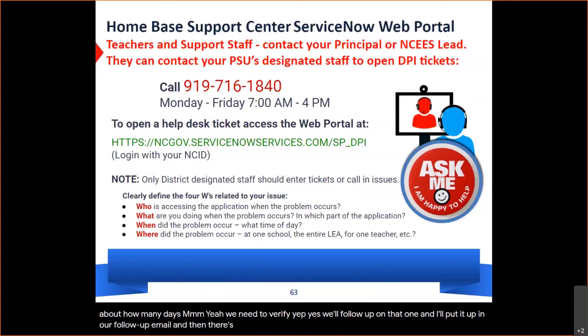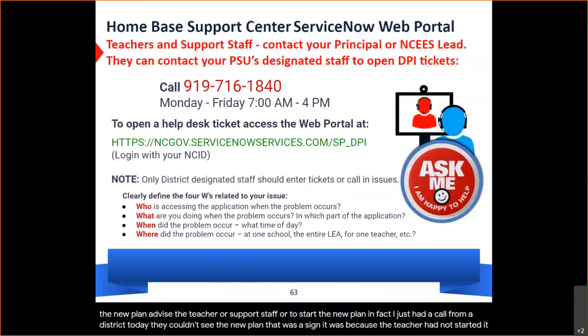And then there's a question: is there a way to transfer information between plan types when an incorrect plan is started? I'm sorry to say no. It's just a copy and paste. You're going to assign the new plan and advise the teacher or support staff to start the new plan. In fact, I just had a call from a district today. They couldn't see the new plan that was assigned. It was because the teacher had not started it.